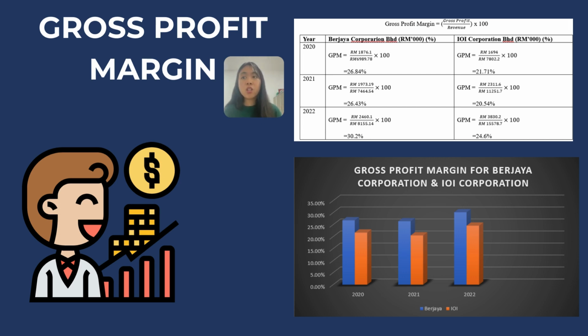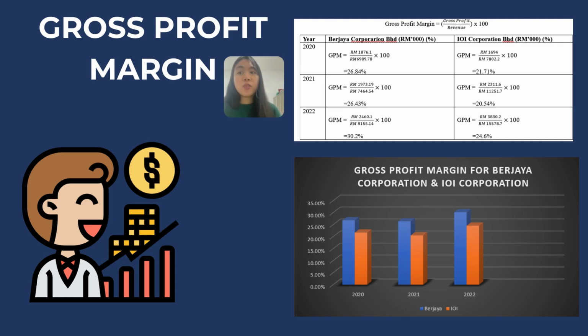According to Table 4, subsection A and Graph 4, subsection A, in 2020, Berjaya had a higher gross profit margin, 26.84% compared to IOI 21.71%. In 2021, again, Berjaya had a higher gross profit margin, 26.43% compared to IOI. In 2022, once more, Berjaya maintained a higher gross profit margin, 30.2% compared to IOI 24.6%.